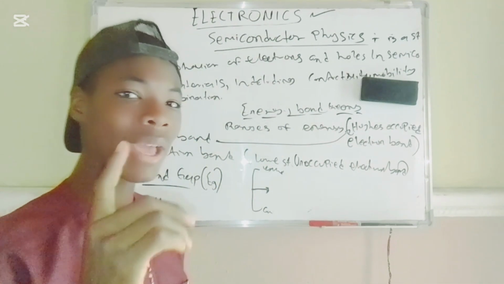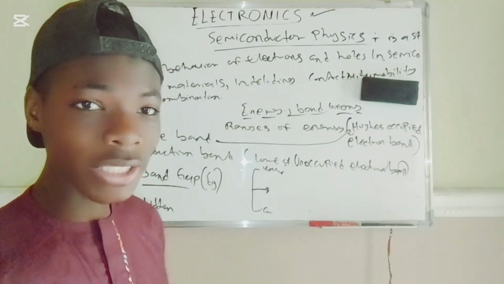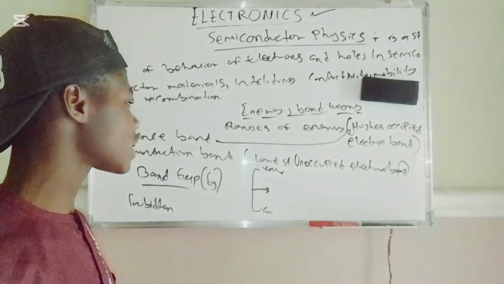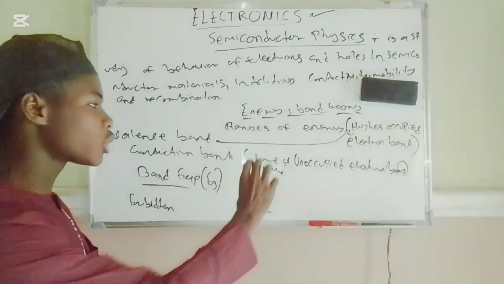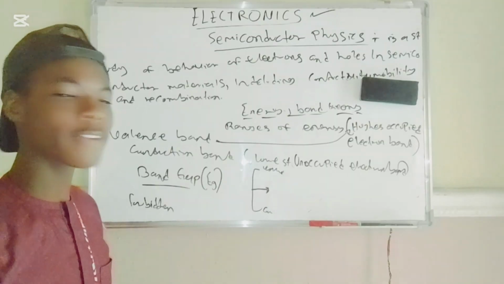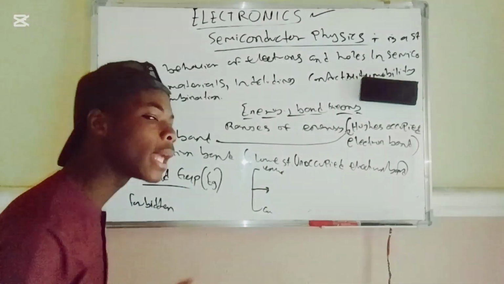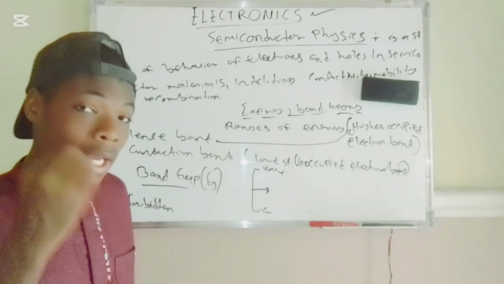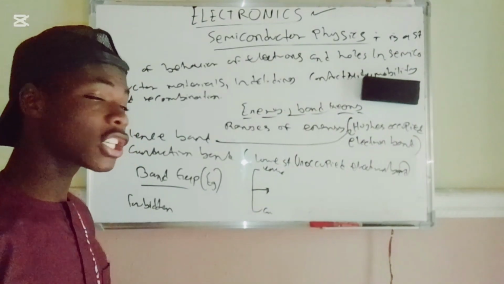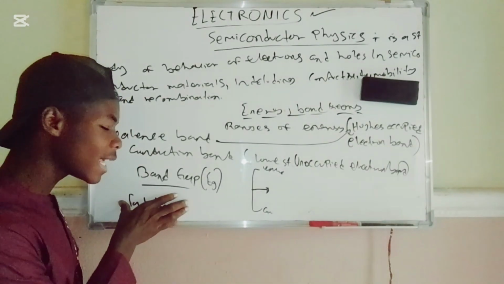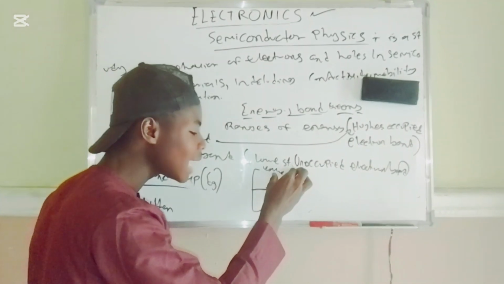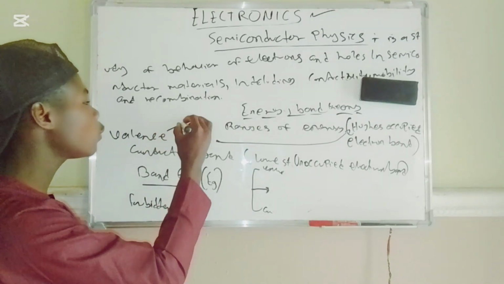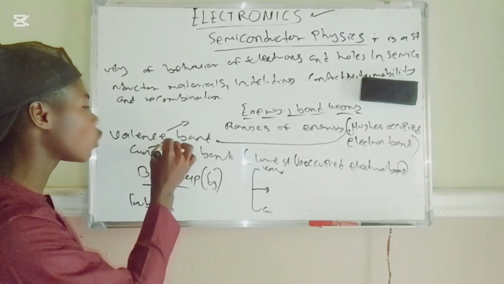But the main difference is, or let me say it is not a difference, but rather a relationship. But I don't know what to call it, but you have to understand this. Band gap is between two bands, but we are not identifying the bands that are around it. But in the forbidden band, how can we identify it? It is between the valence band and the conduction band, because first I define what the valence band is, and I define the conduction band.